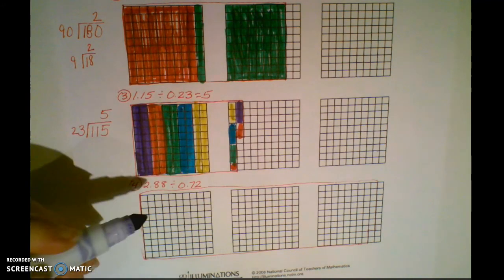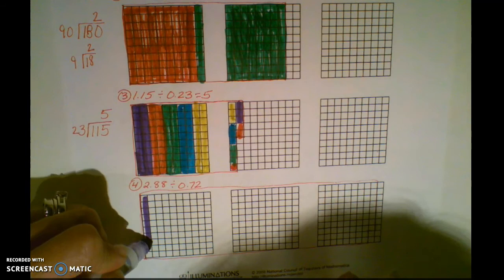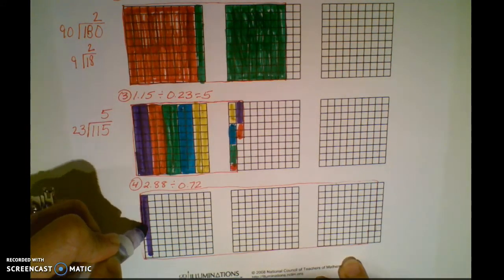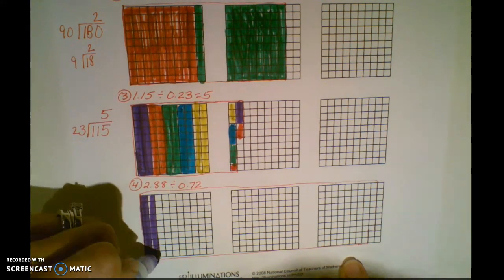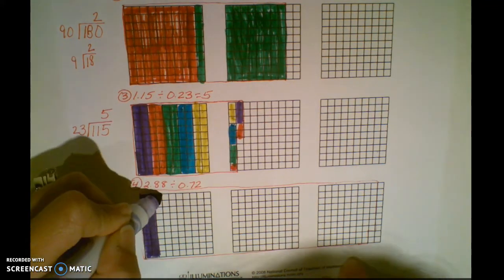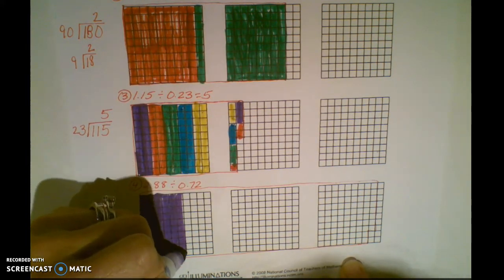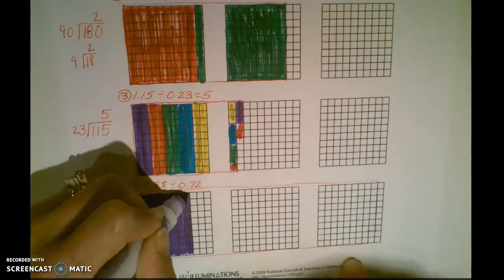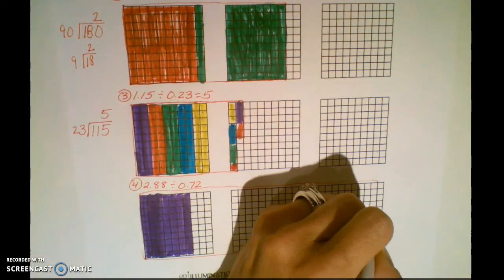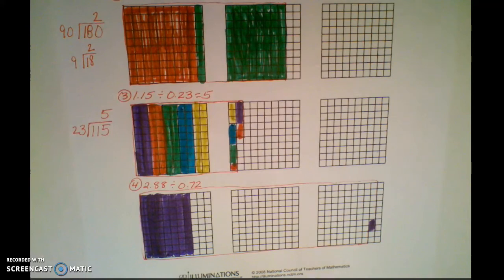Okay, so I'm going to start off by shading in. The 7 represents my tenths, right? So I'm going to shade in 7 full columns because it takes 10 columns to make up one whole. Okay, so that's 4, 5, 6, 7, plus 2 more here. You've got a prediction?